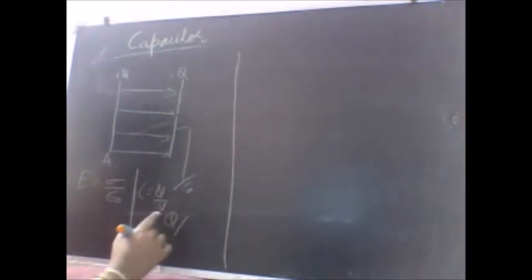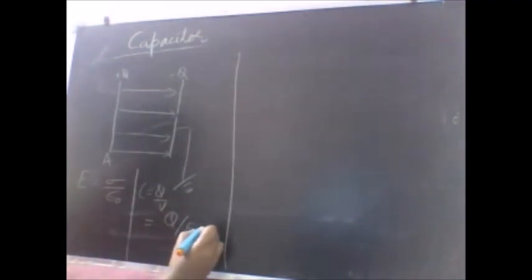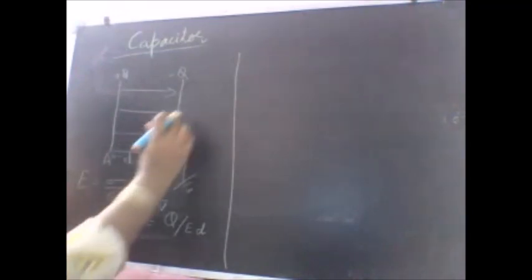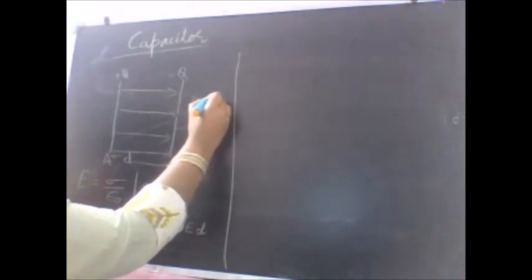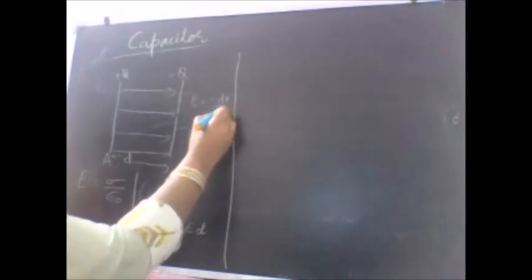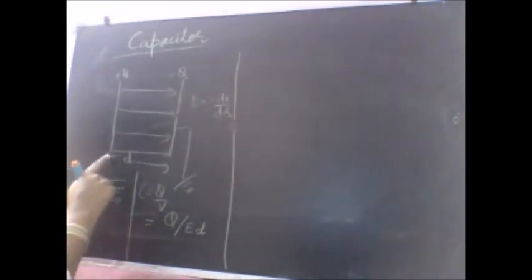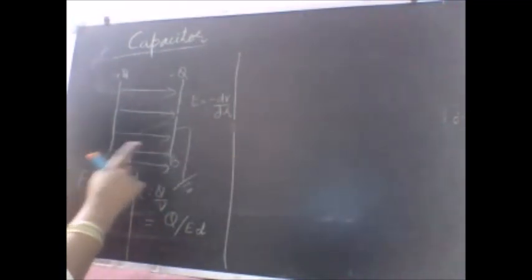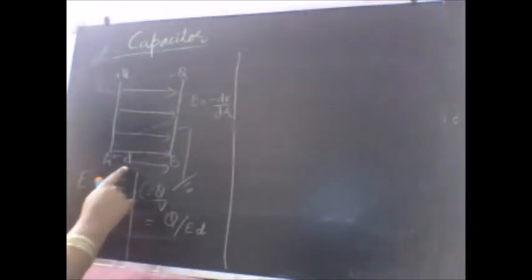Q and this V, can we write down this V from the previous knowledge? V is equal to E into D, where the distance between the plates is say D, and the formula that we obtained last time was E is equal to minus dV by dr. dV is the potential difference between A and the second plate B, the potential difference between the two plates. dr is the distance between the two plates, which is D here.